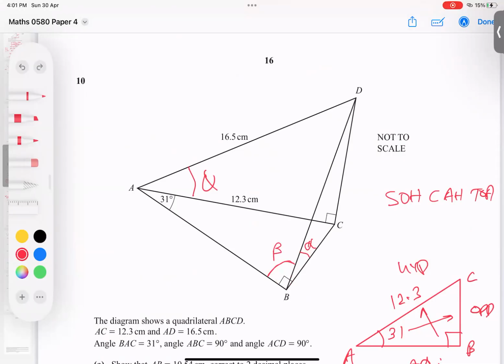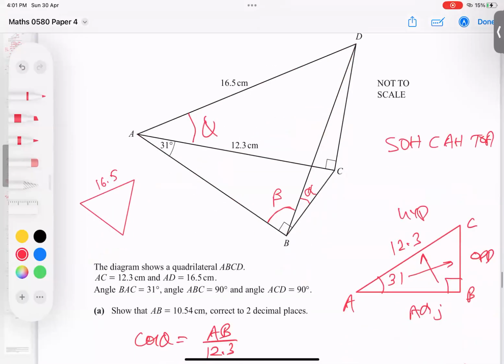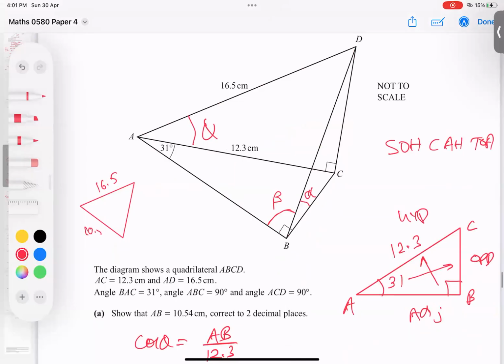Okay, students. And this big triangle, you can see a big triangle. In this triangle, we have this side available, and this side is also available, 10.54.